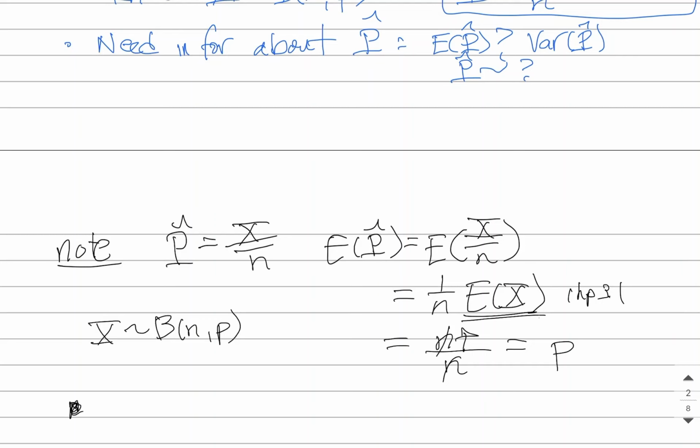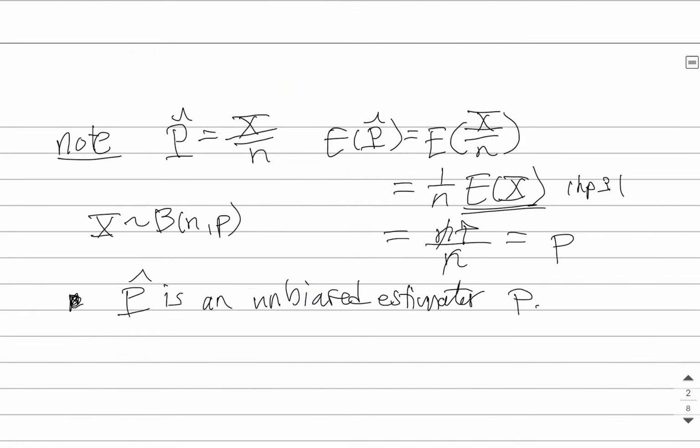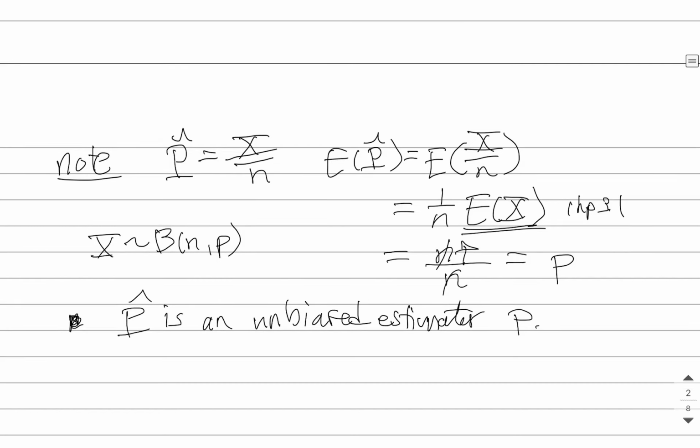That means this p hat is an unbiased estimator of the population proportion p. So that's good. This calculation that we are performing, quite rightly, is centered on the thing we are trying to estimate.